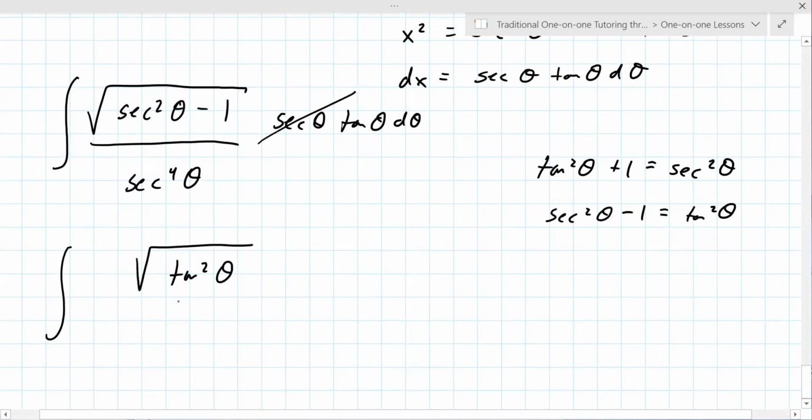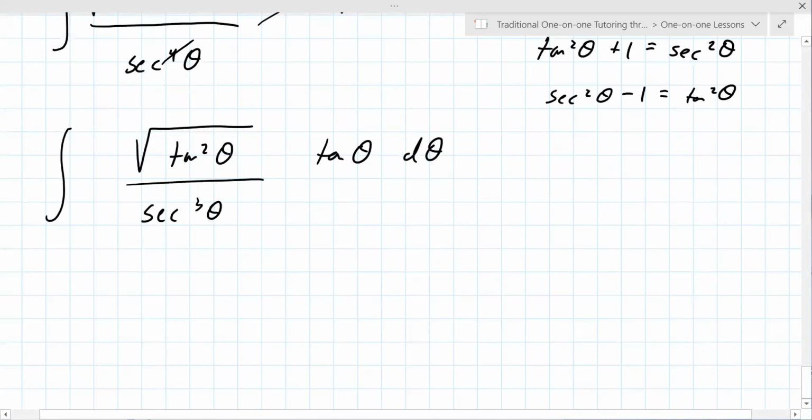One of those secants cancels, so you get secant to the 3rd theta tangent theta d theta. The square root of tangent squared gives just tangent, times a tangent gives tangent squared. So this whole thing becomes tangent squared theta over secant cubed theta d theta.